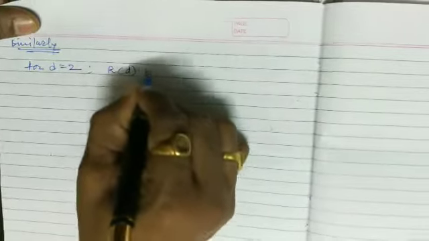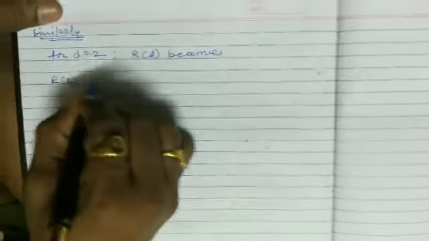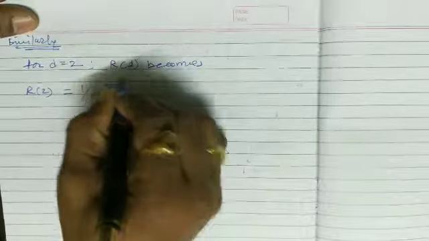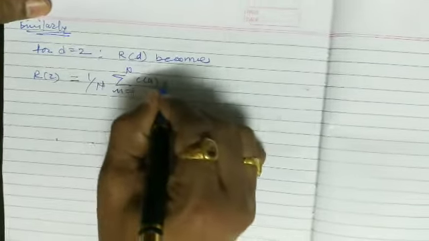Similarly, for d is equal to 2, if we try the autocorrelation value, the R of d becomes R of 2 is equal to 1 by N summation n is equal to 1 to capital N C of n into C of n minus 2.